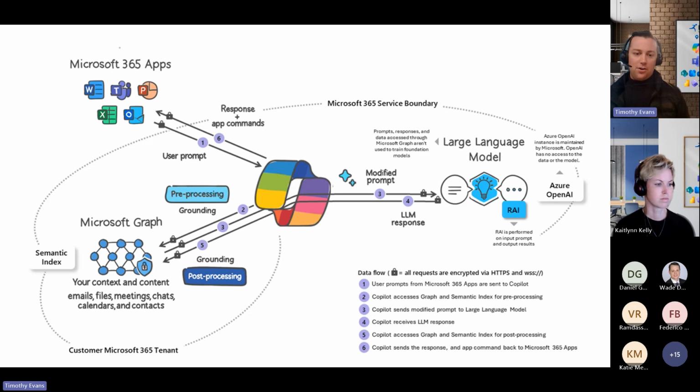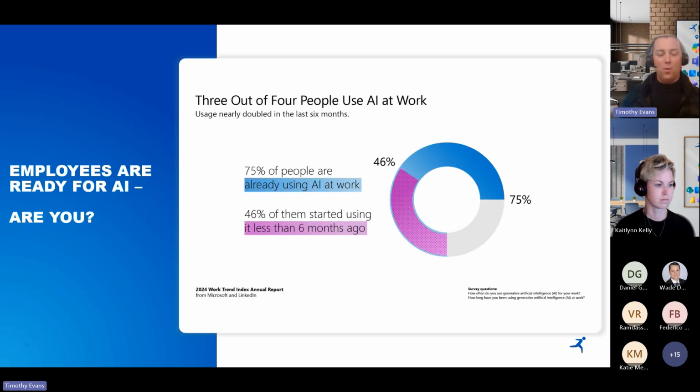So let's look at our next slide, and I'm going to take the laser pointer off because it was getting in my way. So importantly, we've thought about Microsoft 365 Copilot, but now let's think about how we use generative AI at work. So if we think about it, employees are currently utilizing AI. It's a new way of working, but we are seeing adoption across industries and across really the tools.